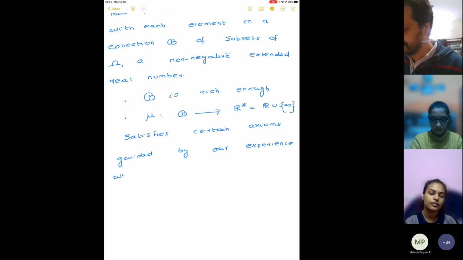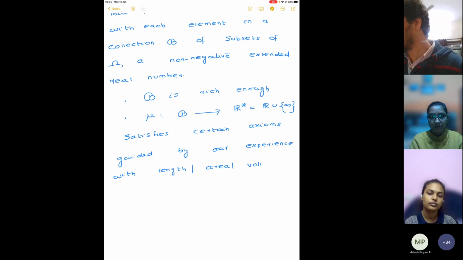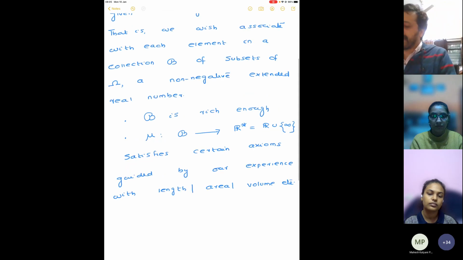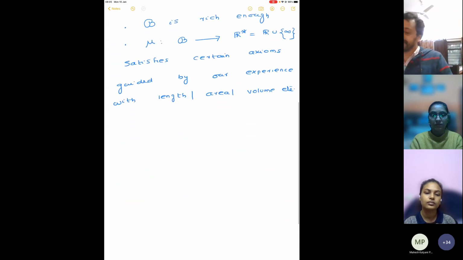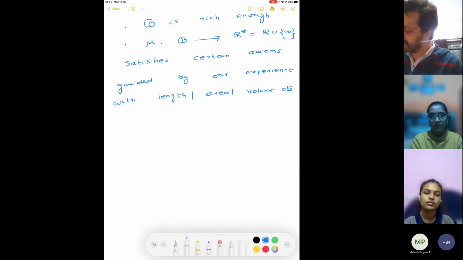So this is what we were talking about. And this led to the abstract concept of sigma algebra and measure. So let us quickly recall those definitions.